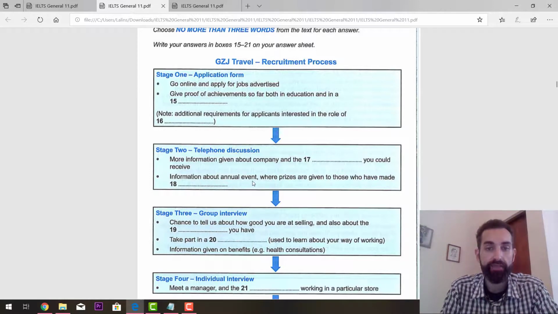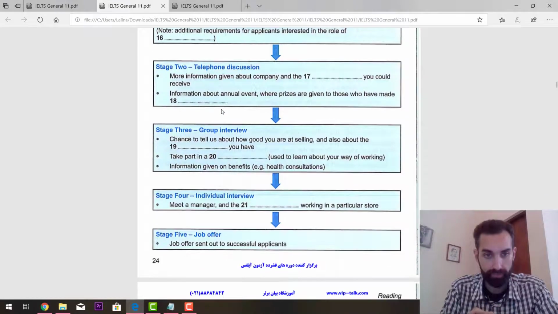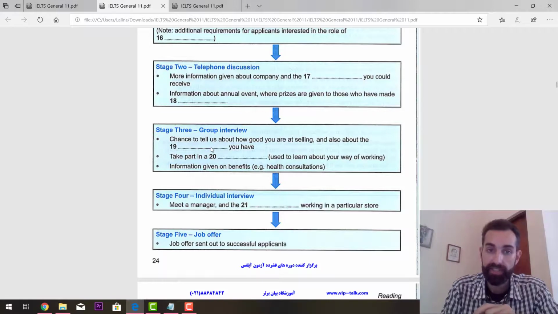Information about annual event where prizes are given to those who have made blank, 18. Stage 3, group interview. Chance to tell us about how good you are at selling and also about the blank, 19, you have. Take part in a blank, 20, used to learn about your way of working.